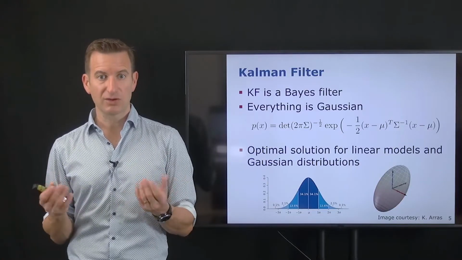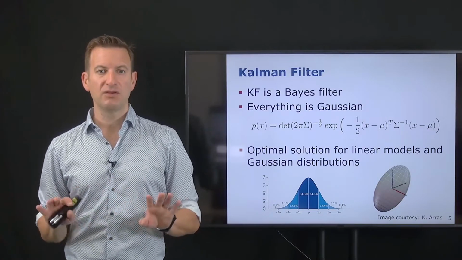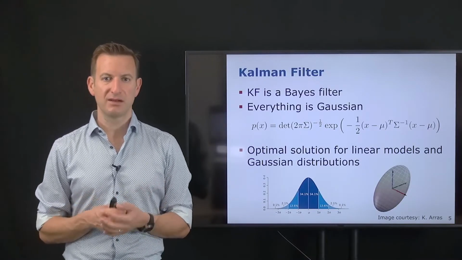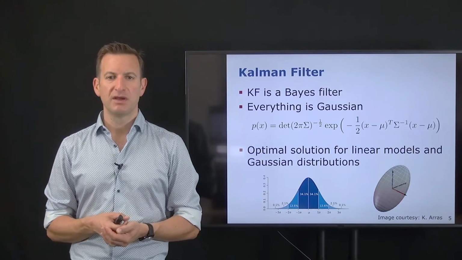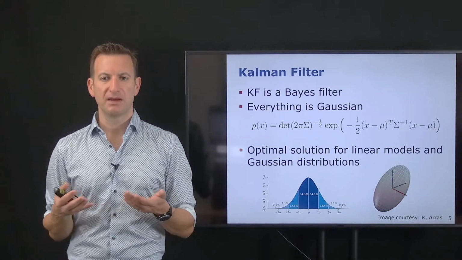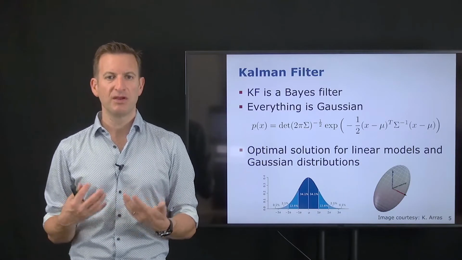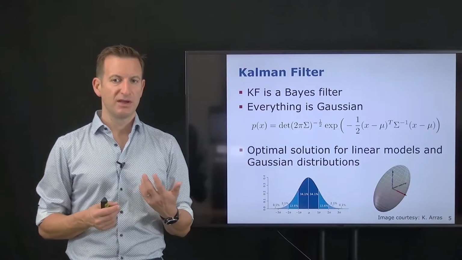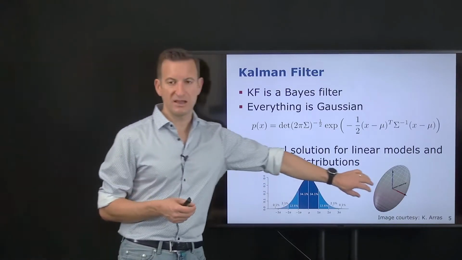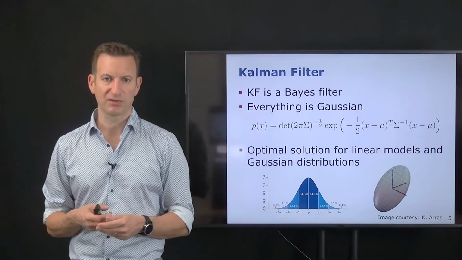As long as all your models are linear and your probability distributions are Gaussian, there's no need to investigate anything other than the Kalman filter, or maybe a least squares approach, which is equivalent in this case. You don't have to look for other state estimation techniques because you can't do better in terms of your estimation result. And again, the key thing is that everything is Gaussian and all the involved models are linear.